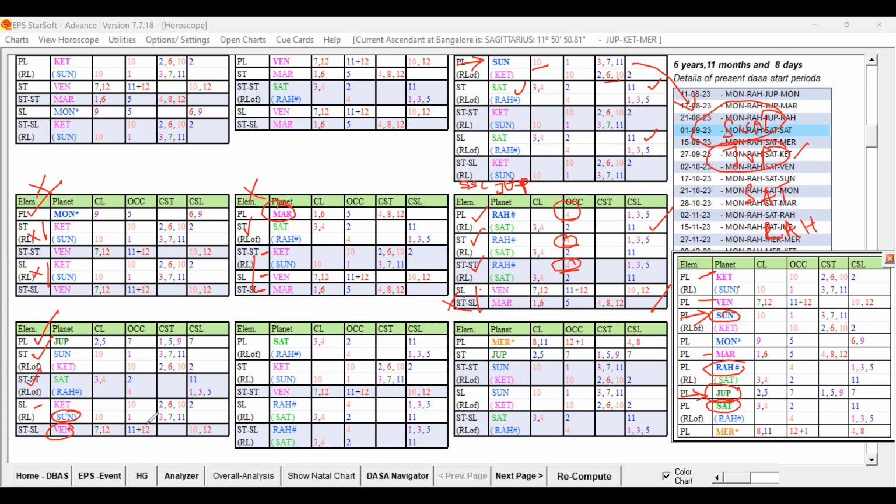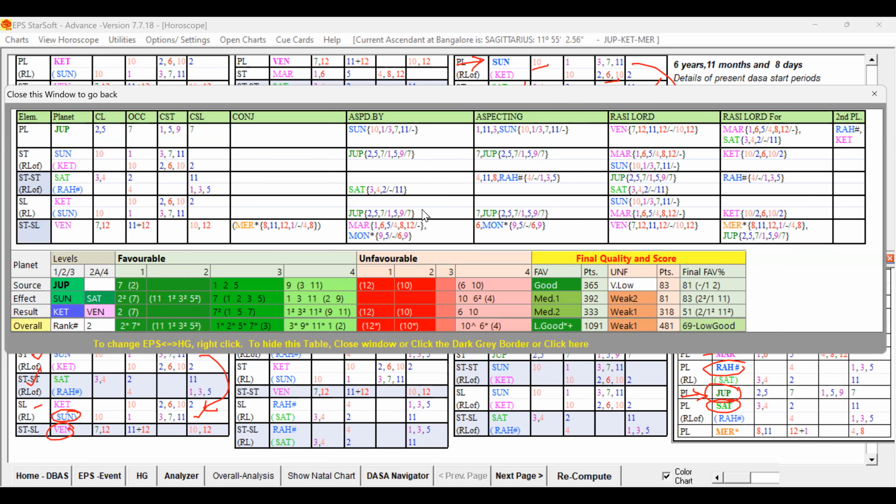Another point: here, for the Ketu, as already discussed, the second planet is Sun. That Sun is forming a ruler link to the Ketu. And as already discussed, if you check the Ketu's significations, the planets which are in its supports, you can see that Ketu has Sun in its supports.